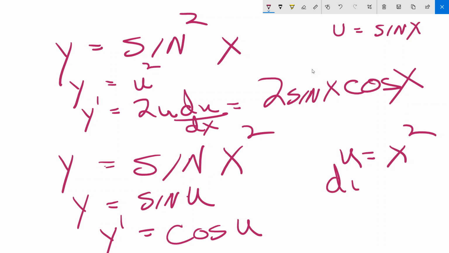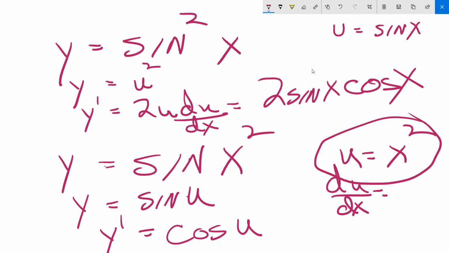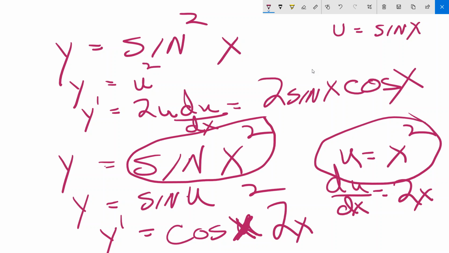What is du dx? Take the derivative of u. 2x. Now if I go back and substitute, this is actually x squared. So the derivative of the outside is cosine of x squared times the derivative of the inside, which is 2x.